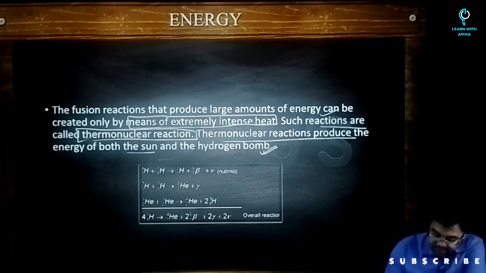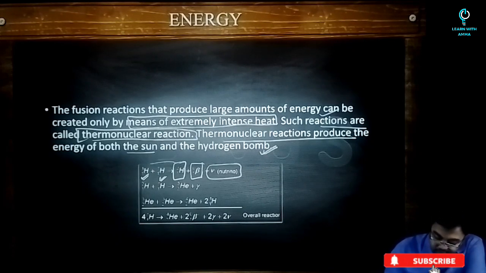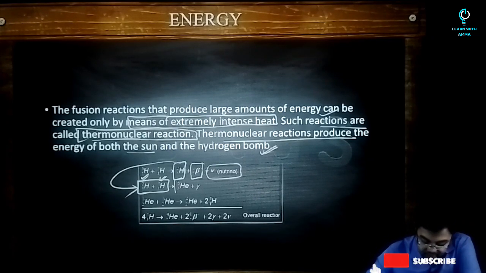In this reaction, two hydrogen nuclei combine to form deuterium with emission of beta rays and a neutrino. Then this deuterium reacts again with normal hydrogen to form a form of helium with gamma rays.